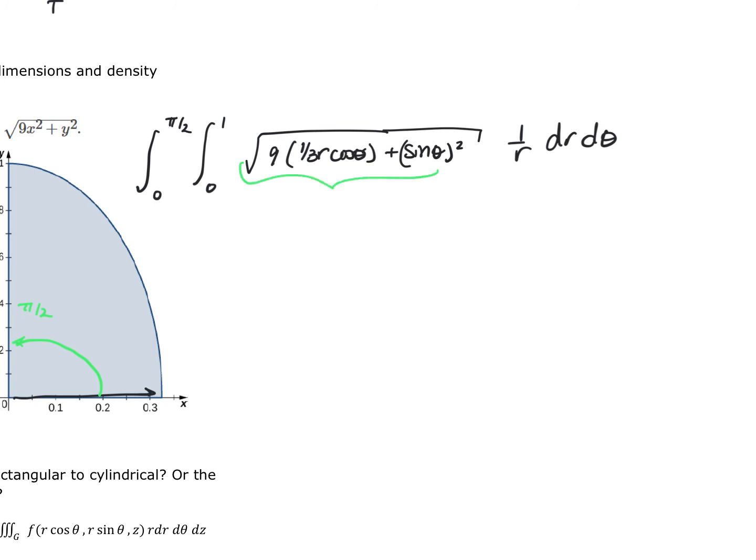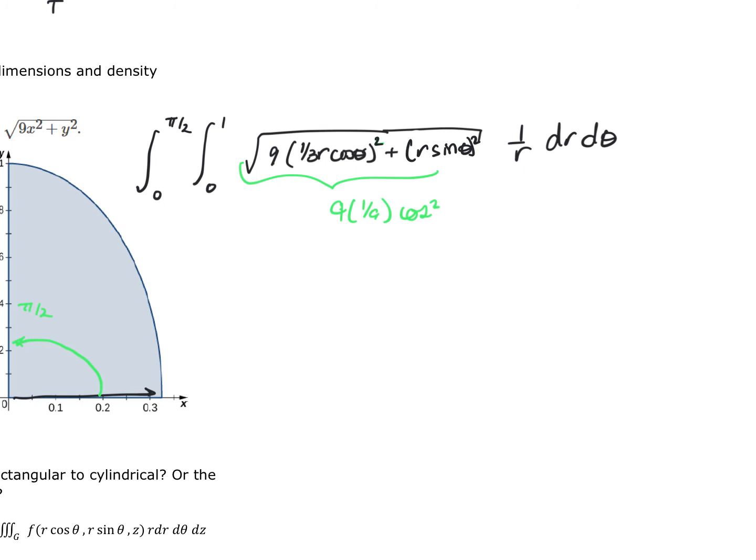This ends up becoming just 3 times 1, because I have 9 multiplied by 1/9, the cosine squared. Oh, forgot my r's in there. I just got so excited, I forgot my r's. So I have r sine theta, the quantity squared.